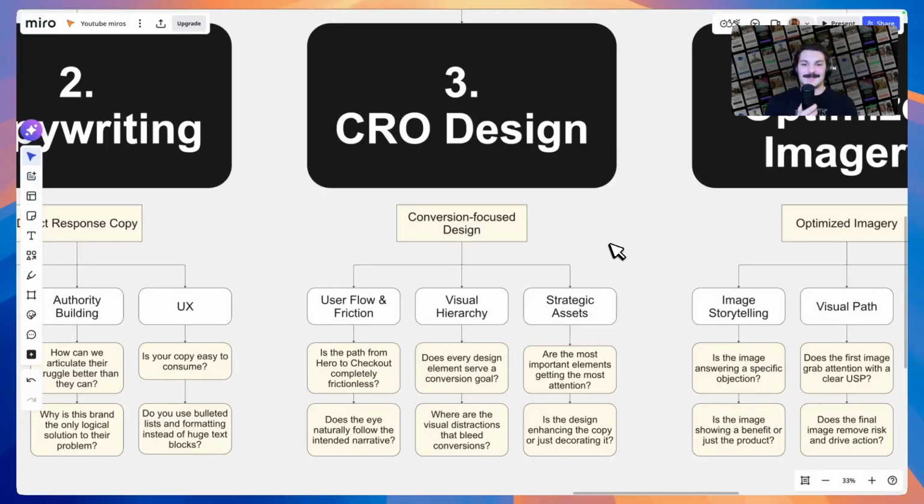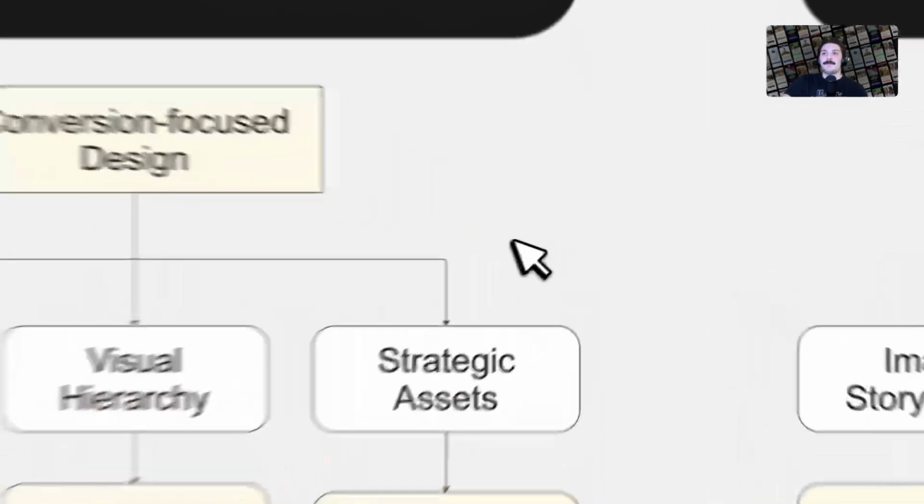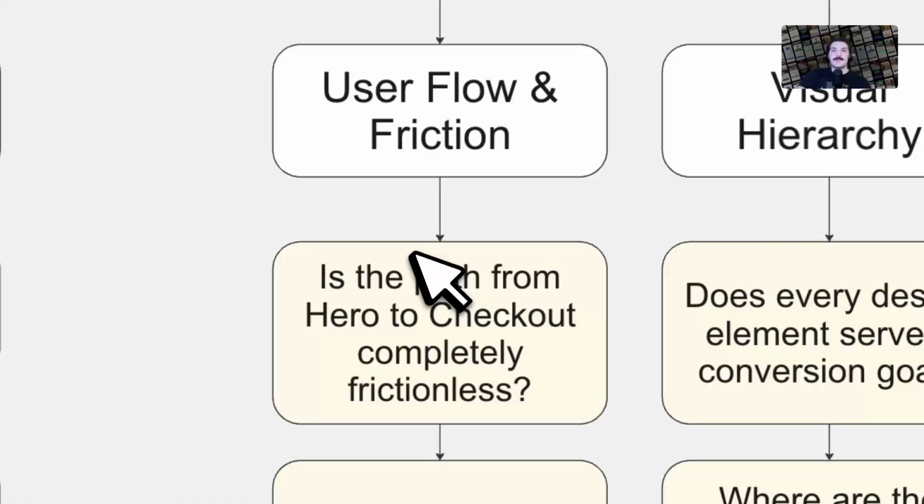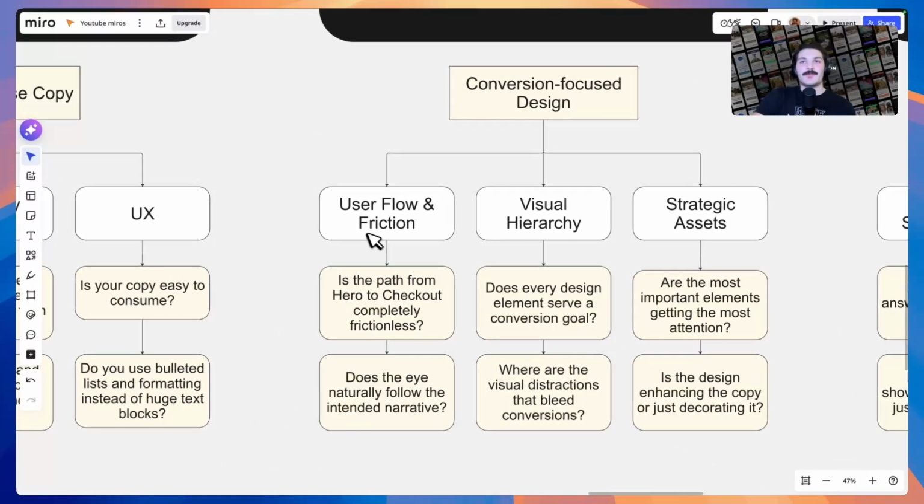If it is visually appealing, you want to stay on the website and you trust the brand more. So when it comes to user experience, you got to focus on user flow and lessening friction.